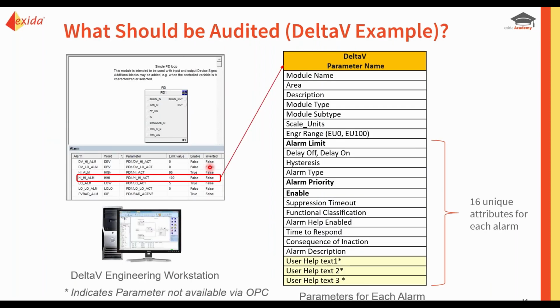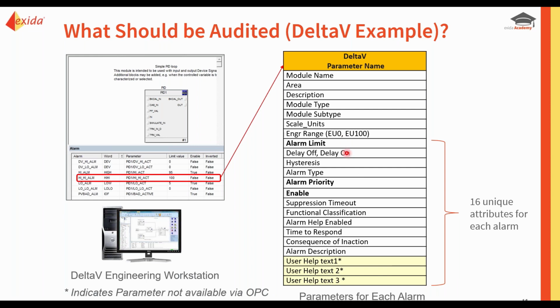So now let's talk about what alarm attributes we should audit. And here is an example of a DeltaV system where we look at just one typical alarm, and there are 16 different unique attributes for each alarm shown here. And there might actually be a few more within the system that I'm not showing.